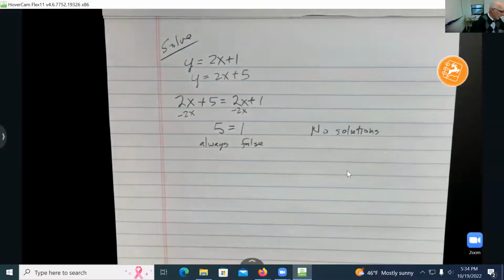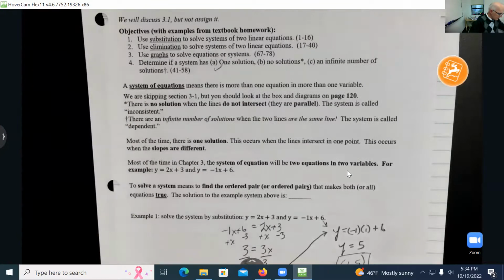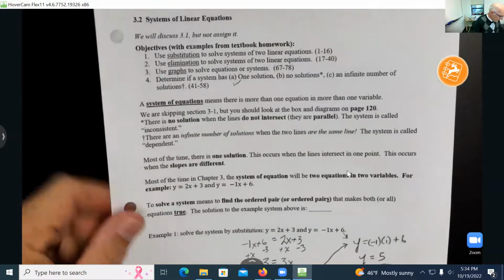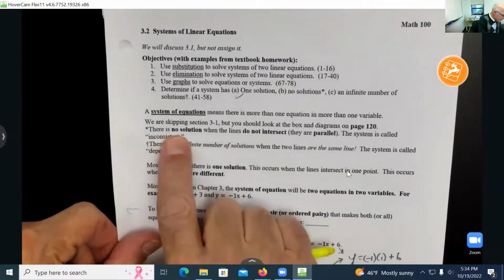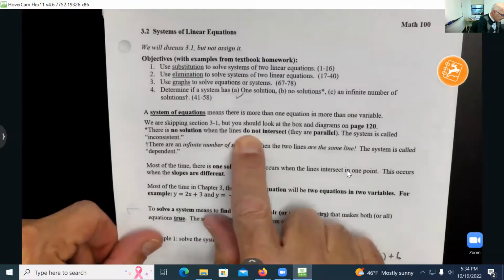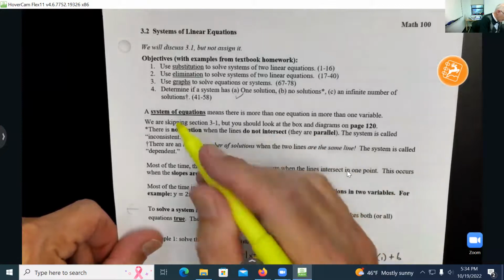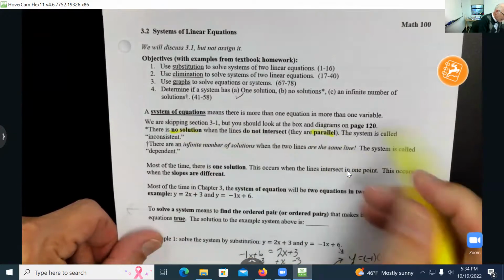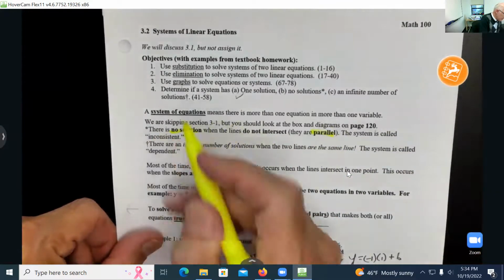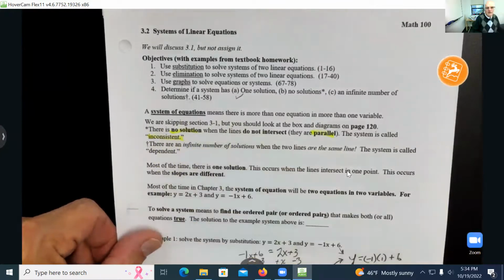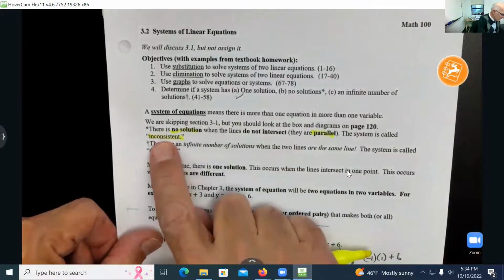Now, there's one other vocabulary word here. There is no solution when the lines do not intersect. They're parallel. And the system is called inconsistent. And you may need to use that term in your homework.